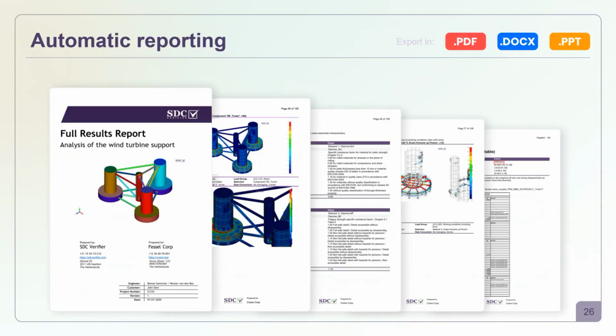We also have a second type of report, and this is the result report. It consists of predefined basic plots and tables to show the outcomes of results for all the load cases and load groups that are created in the model. Both of these reports are highly customizable, so you can adjust whatever you want.